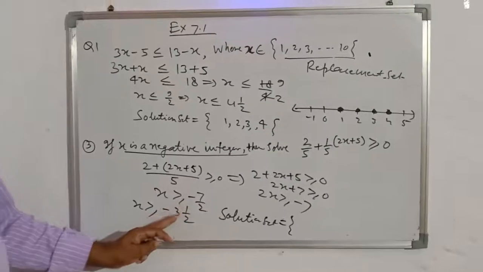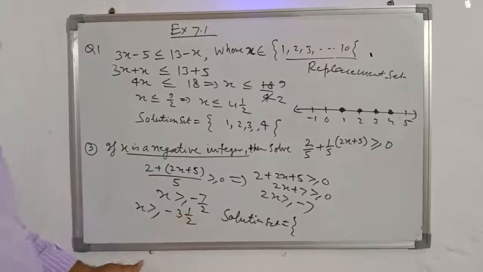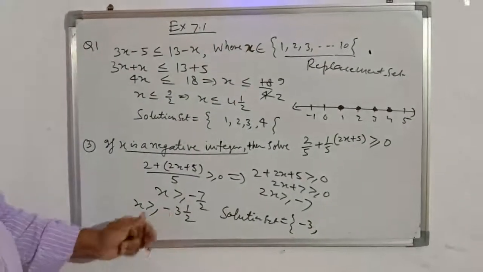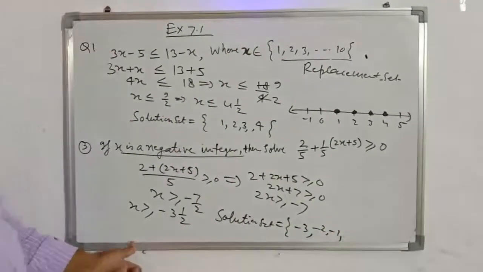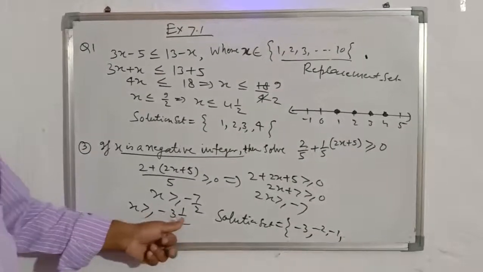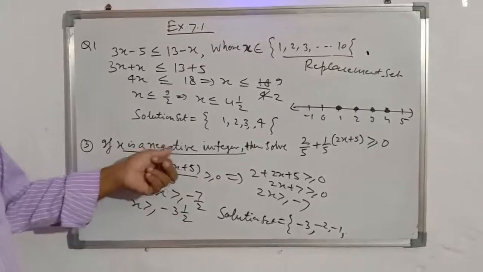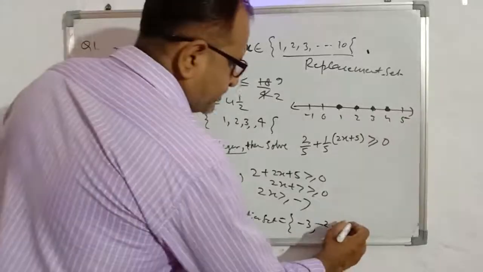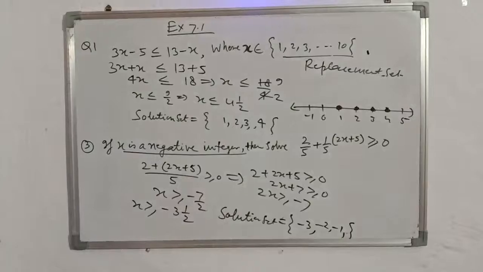Minus 3 whole 1 by 2, the negative integer greater than this is minus 3, then minus 2, minus 1. 0 is also greater than this, but 0 is neither positive nor negative. 1, 2, 3 are also greater than this, but they are positive integers. We have to take only negative integers. So minus 3, minus 2, minus 1. Only 3 elements are there in the solution set.